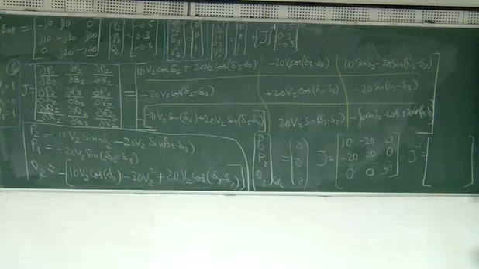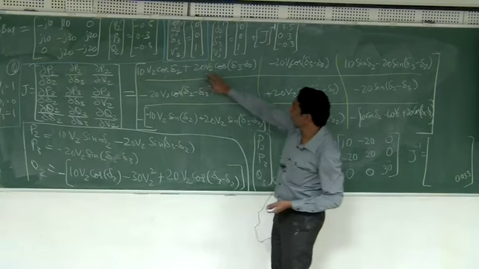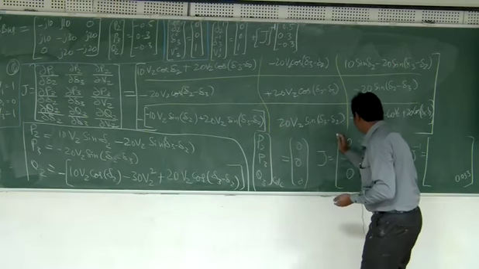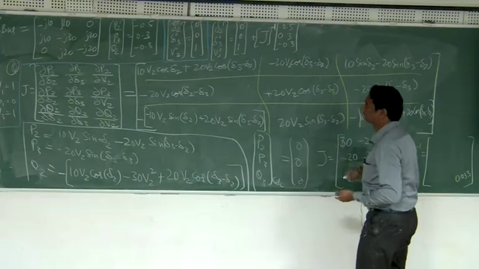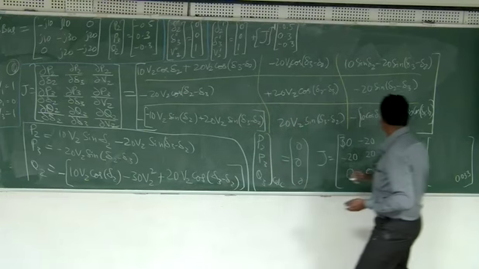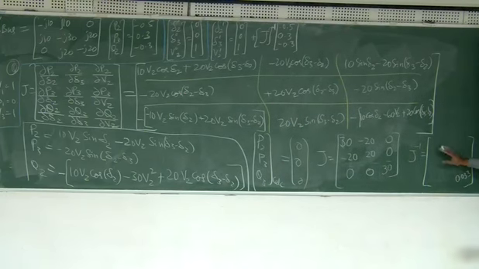What is 1 by 30? 0.033. Okay. One is 30. Yeah, I forgot this term. Okay, this term is also. So now, how do you find the inverse?